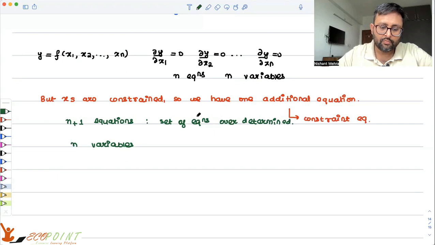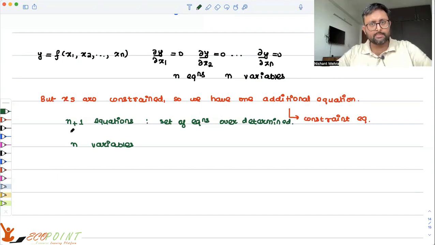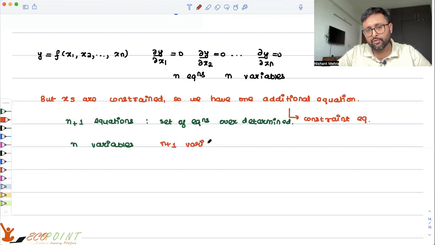So what is this method telling? The problem is that you have n+1 equations, but you have n variables. If I can somehow introduce one more variable, then I will have n+1 variables.